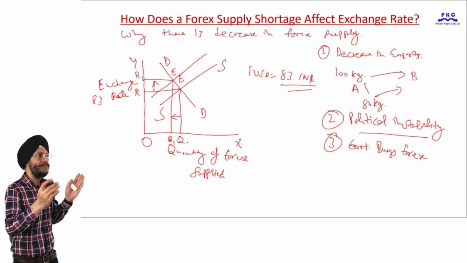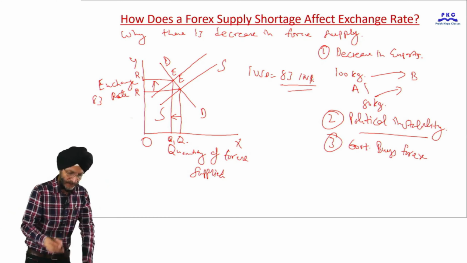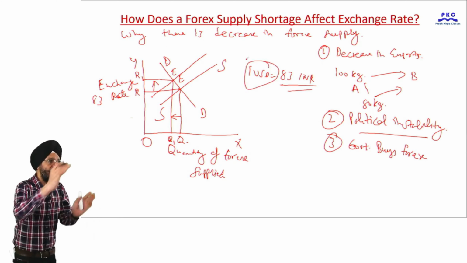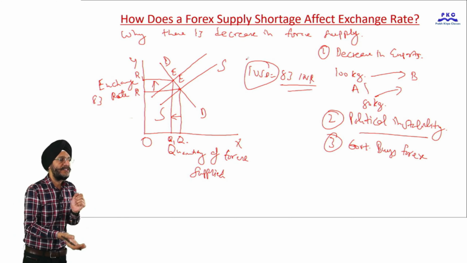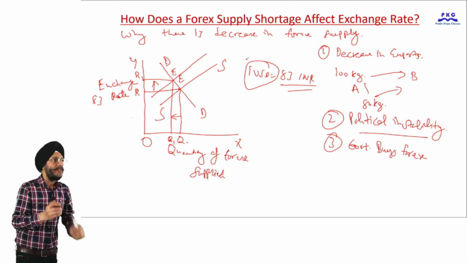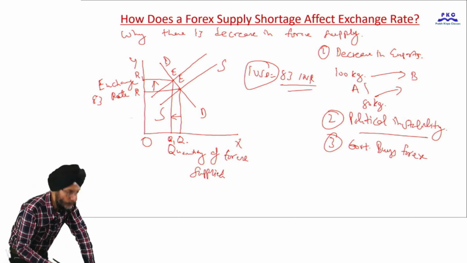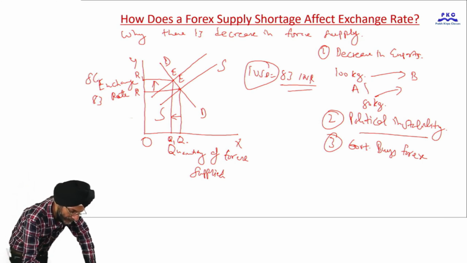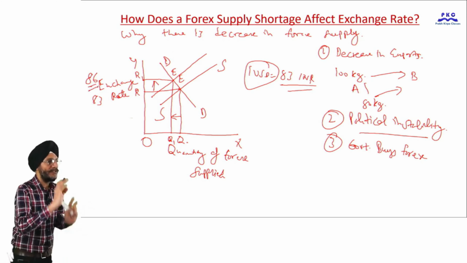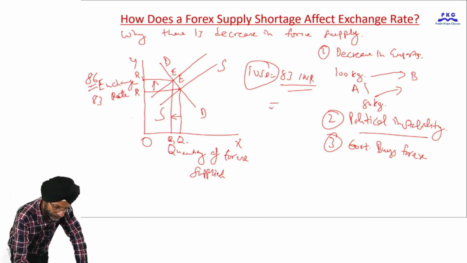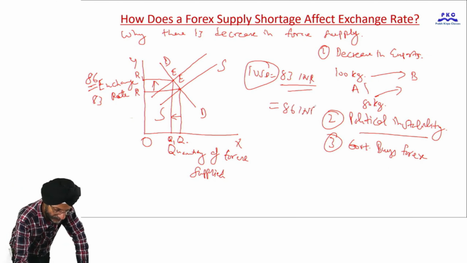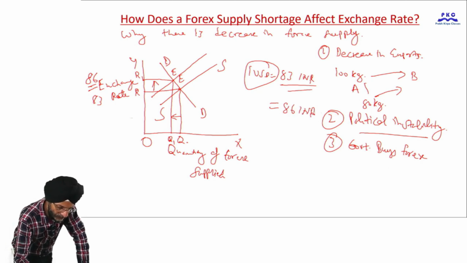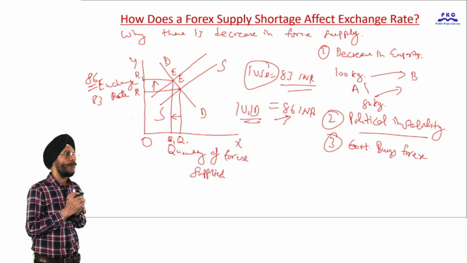But when the supply of US dollars has decreased, exchange rate has increased. It means that earlier we used to pay 83 to get $1. Now we have to pay say 86. We are just taking an example. Earlier we were getting $1 for 83 rupees, but now to get $1, we will have to pay 86 Indian rupees.